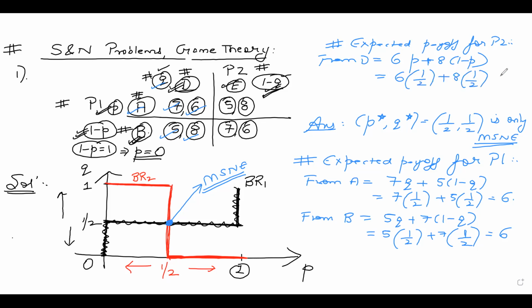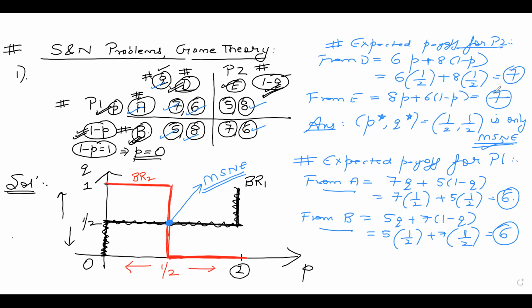So 1 minus half is half only. 6 plus 8 is 14. 14 by 2 is 7. And similarly, I can write expected payoff of player 2 from E is 8P plus 6 into 1 minus P. Again, you put P as half, you get 7. So player 1 gets an expected payoff of 6 from both A and B in the mixed strategy Nash equilibrium, and player 2 in the mixed strategy Nash equilibrium gets a payoff of 7 from both D and E.